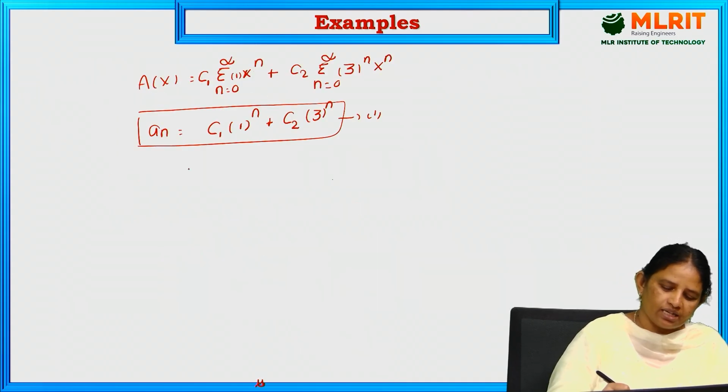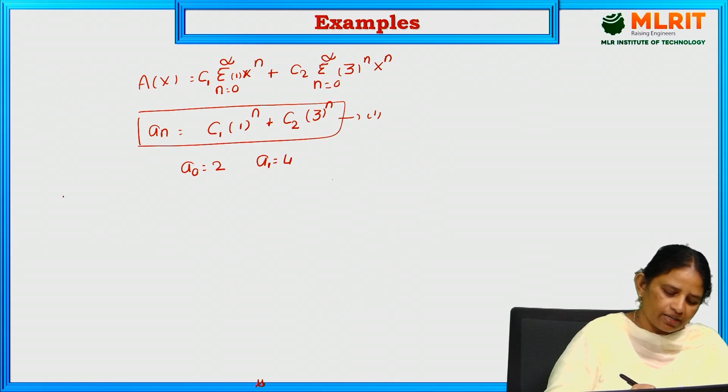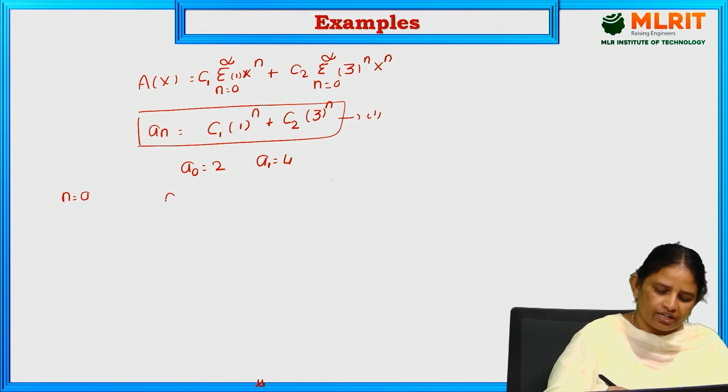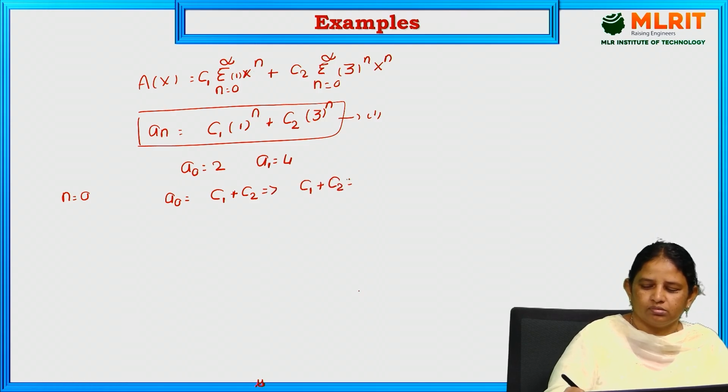So A0 equal to 2, A1 equal to 4. Then put n equal to 0 in equation 1. Then we'll get A0 equal to C1 plus 3 to the power 0 C2, that implies C1 plus C2 equal to 2. That is equation number 2.